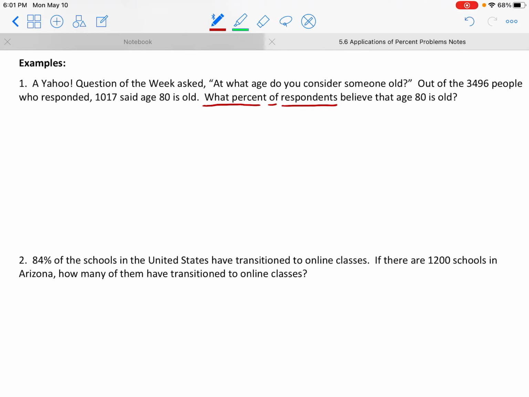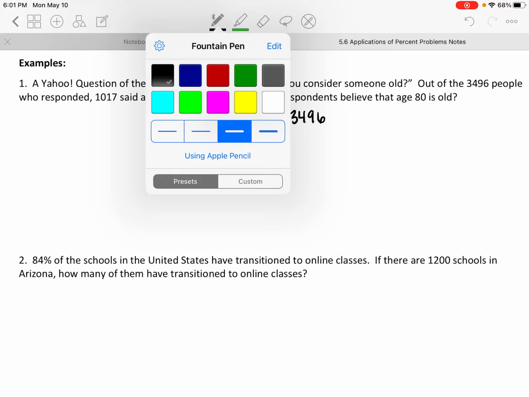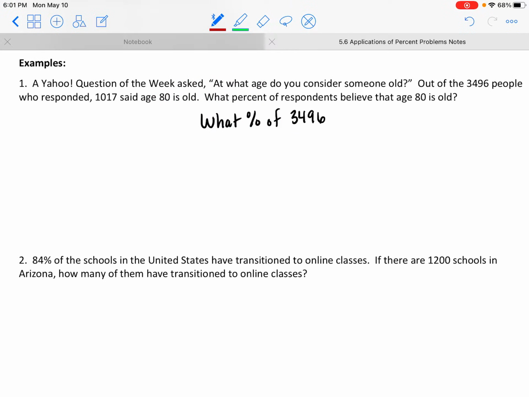Well, we know there were 3,496 people who responded. Those are our respondents. So if I was restating this, this is saying what percent of the 3,496 respondents believe that age 80 is old.